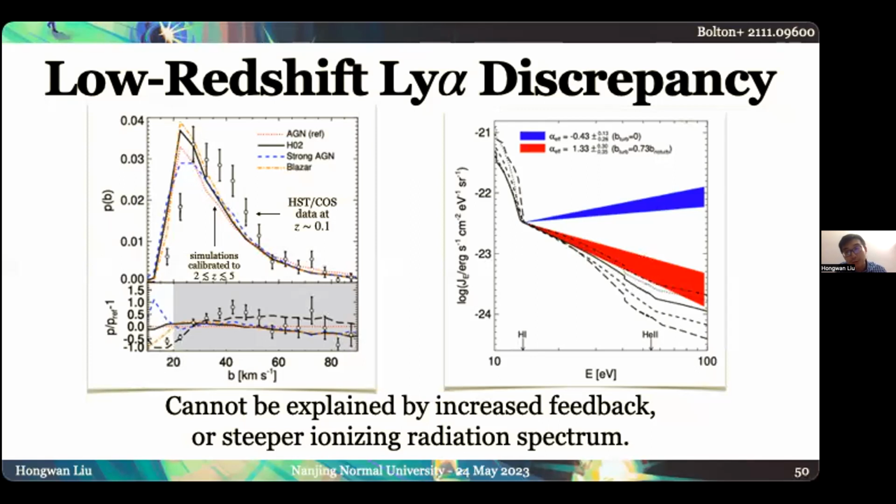So one thing you can try is, for example, to increase the amount of feedback, so the amount of sources that are emitting UV radiation, to heat up the gas even more between a redshift of 2 and 0, so that we can get agreement between simulation and the data.